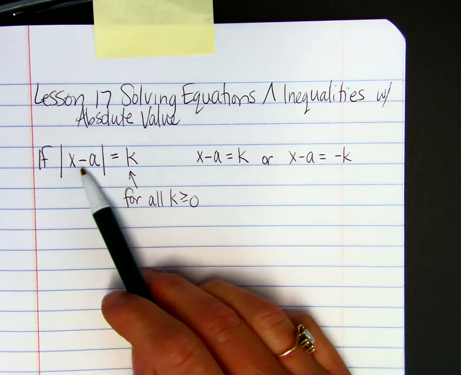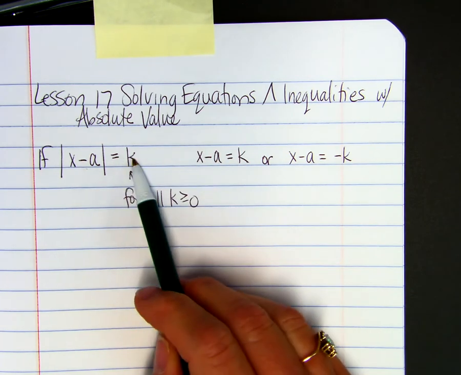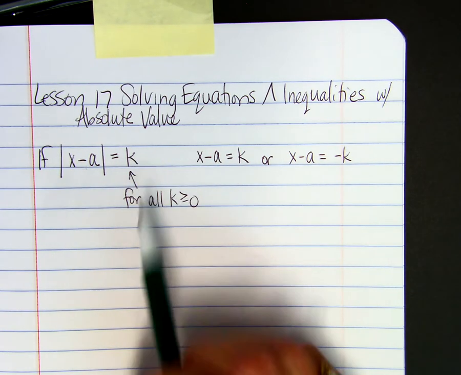So we can have what's inside the absolute value be equal to the positive or negative answer.